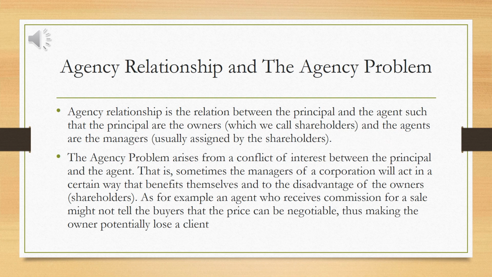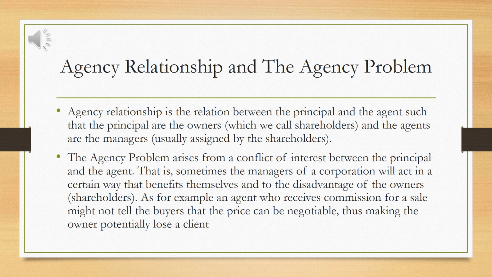Agency relationship is the relation between the principal and the agent, such that the principals are the owners, which we call shareholders, and the agents are the managers, usually assigned by the shareholders. The agency problem arises from a conflict of interest between the principal and the agent.